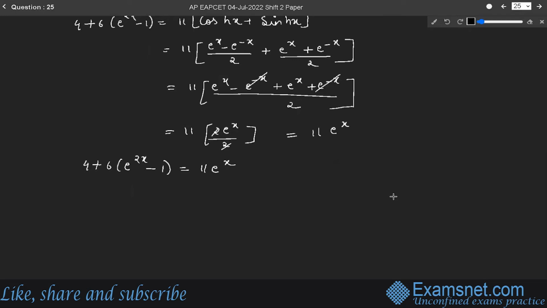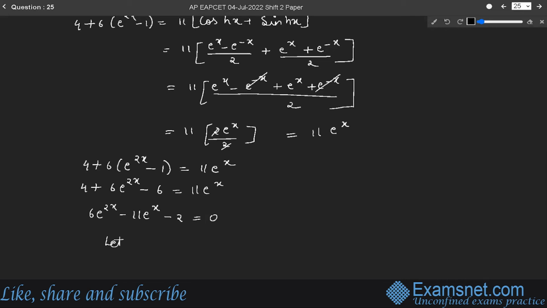On further solving this, it becomes 4 plus 6e^2x minus 6 is equal to 11 into e^x. Now taking all the terms on one side, it will be 6e^2x minus 11e^x minus 2 is equal to 0.